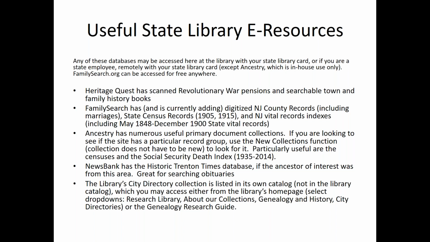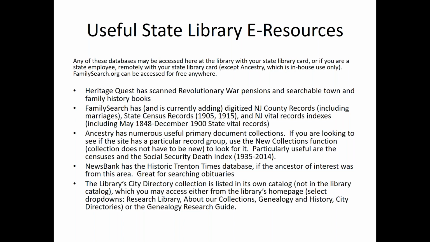That way I'm getting way less noise and I'm getting results that I want. In the upper part of the screen, there's a black stripe, and the last little drop-down menu says New Collections. If you click that, it will take you into the card catalog proper, and you can search individual collections.